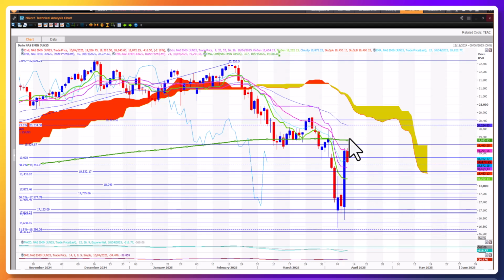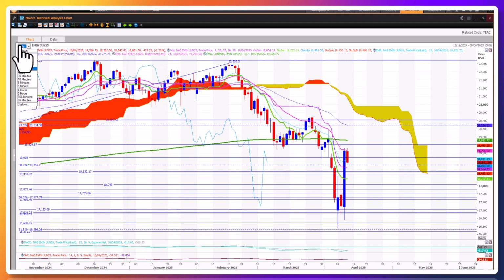Now watch out for the interaction. Are we going to retest this 18654 for support now, and then maybe a weakness up to 18252? We can see a technical retracement of this move at the 23.6 or 38.2% Fibonacci retracement to these levels would be okay, and then a continuation of that move.